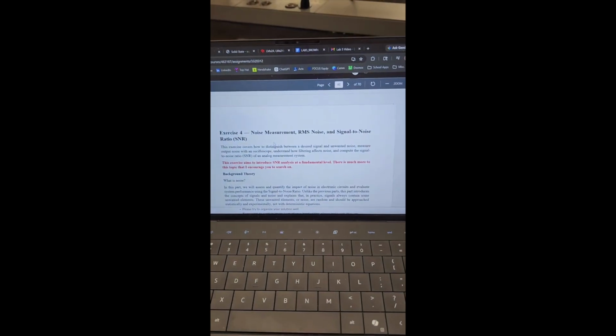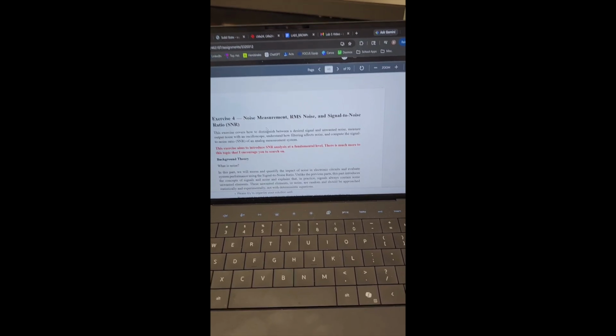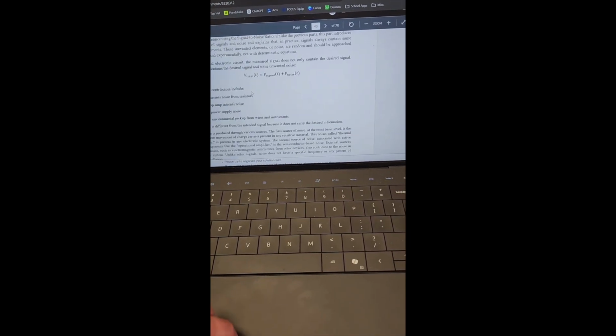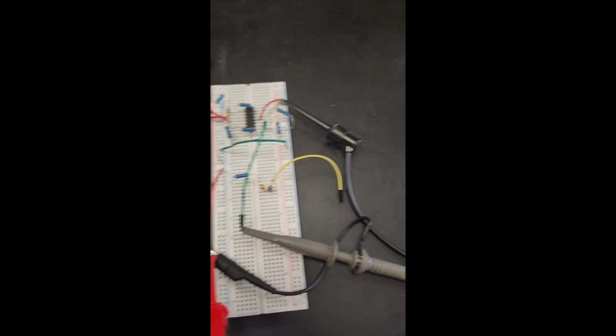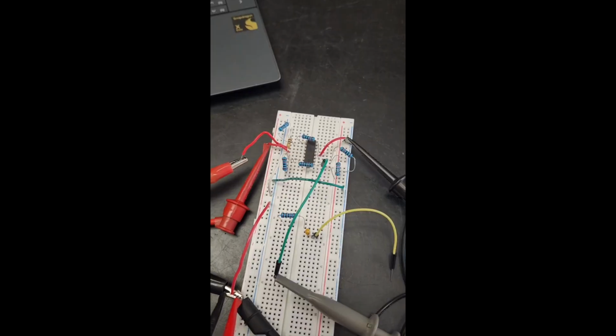Hello, this is Brayden Black. For exercise 4 of Lab 6, we're asked to deal with noise measurement, RMS noise, and signal-to-noise ratio. For the first part, we are asked to use the 3-op amp circuit built from the last lab.